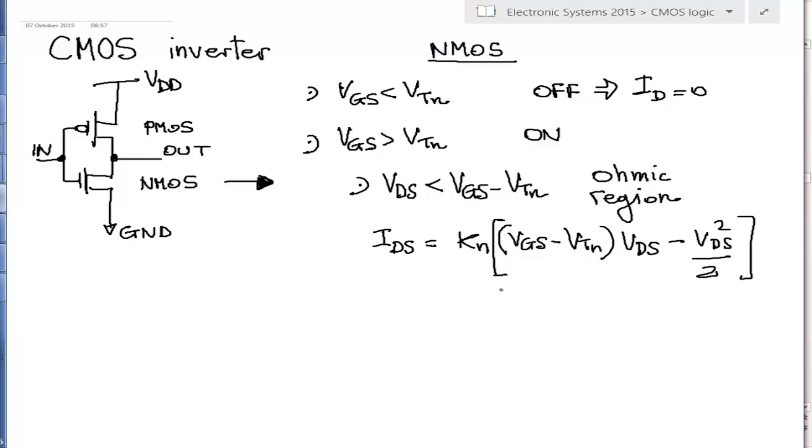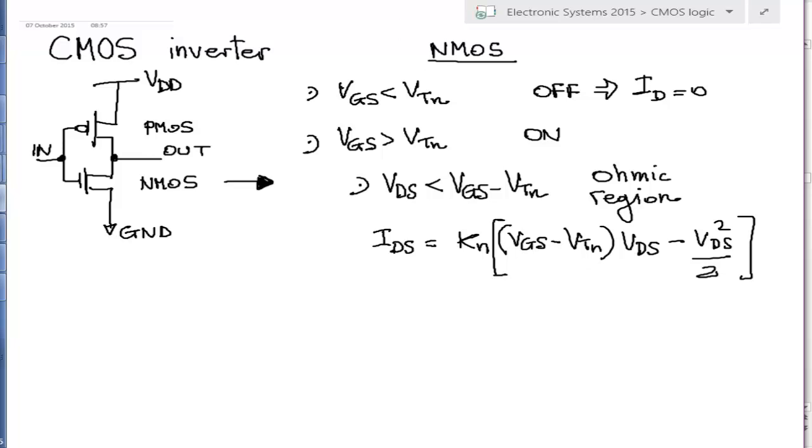Okay, we sometimes typically discard this quadratic term and we only remember the linear term. So we have ID is proportional to VDS as in a resistor. The resistance is inversely proportional to VGS minus VTN.